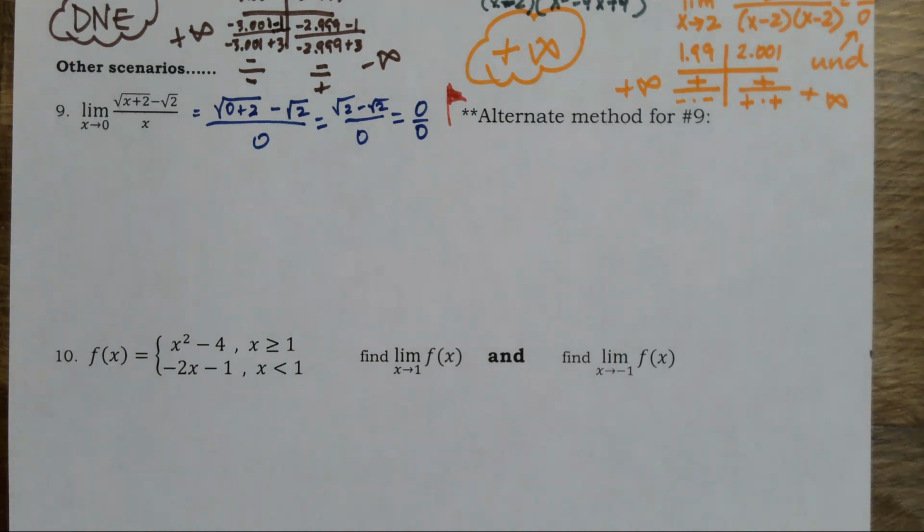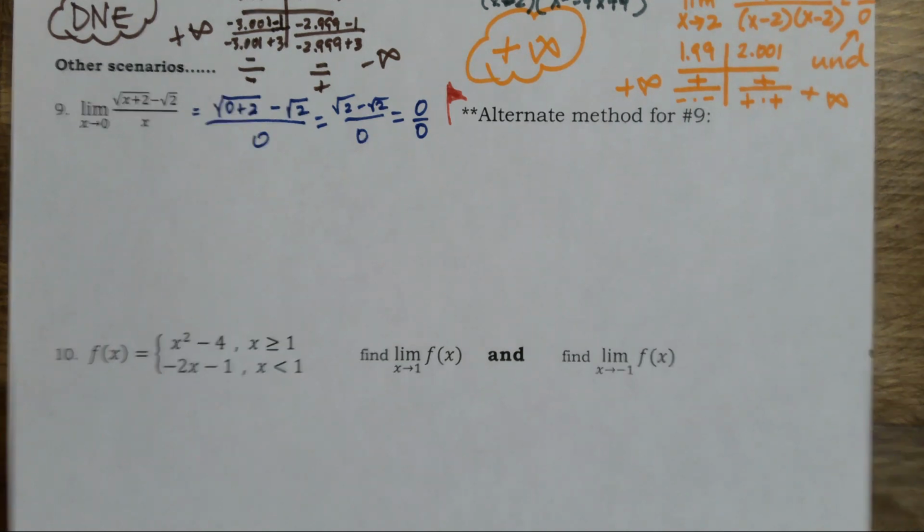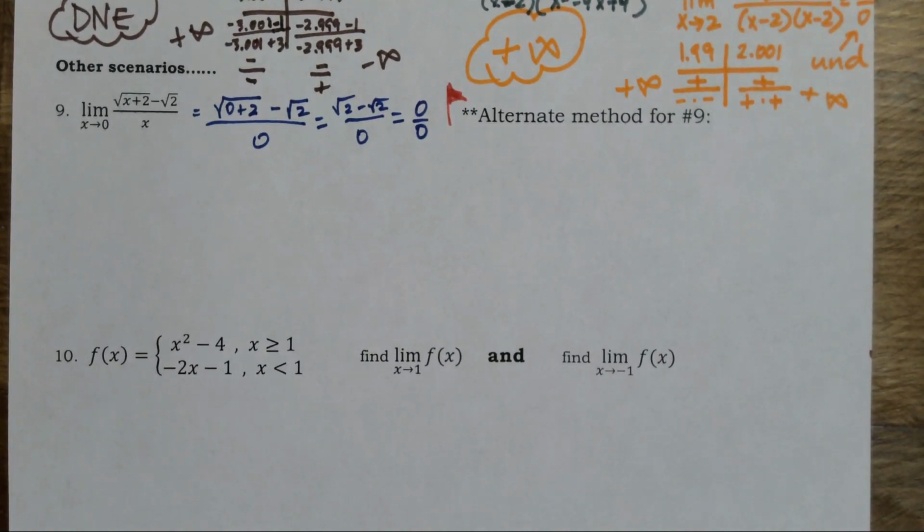So I am going to try to factor. I can't. So my next option, we've seen it before, we're going to apply it again, and that is to use the conjugate. What the conjugate will do is take care of those radicals in the numerator. So what does that look like?